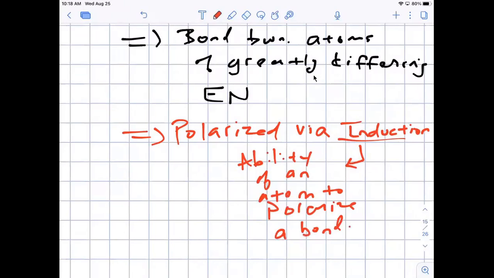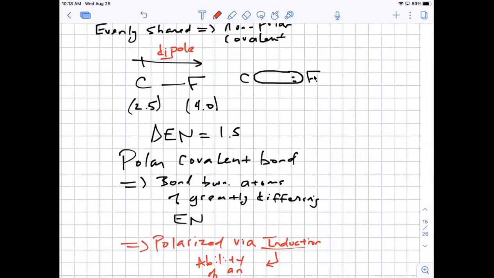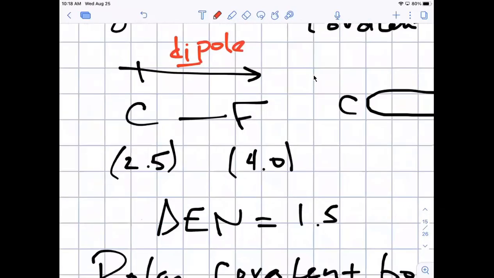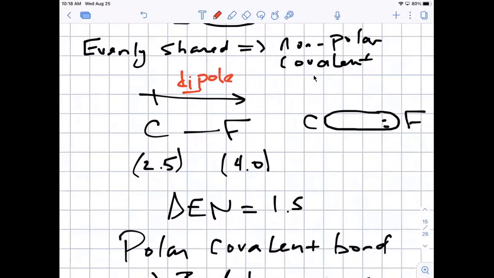So a highly electronegative atom is going to induce polarity. It's going to generate polarity. What that means for the atoms is simple. What's the charge on an electron? Anybody remember that from part 1 or part 2 of general chemistry?